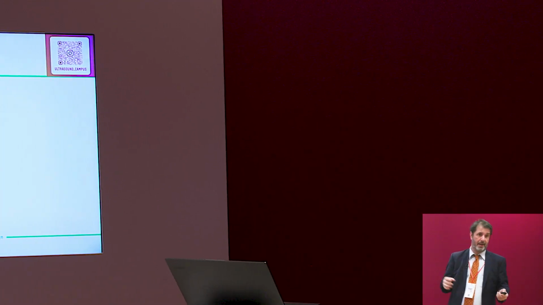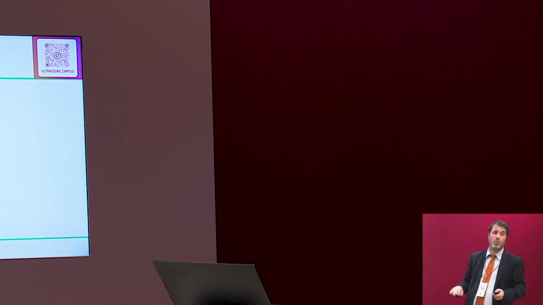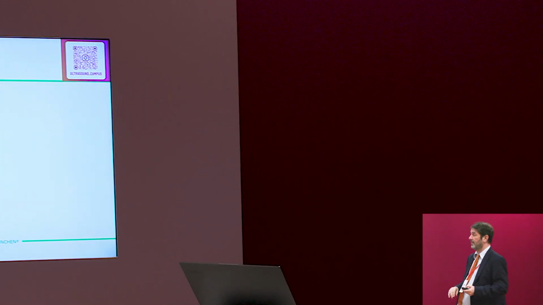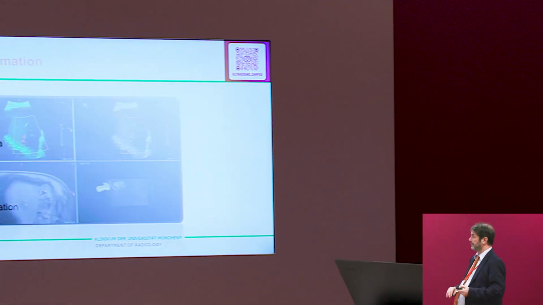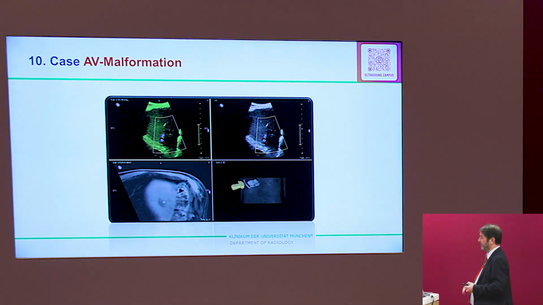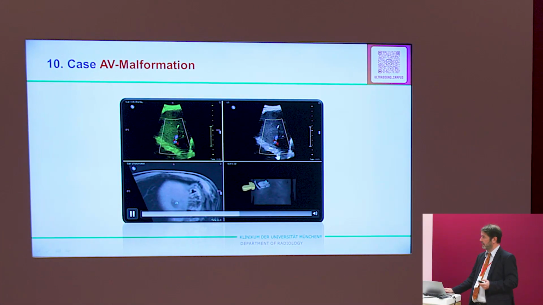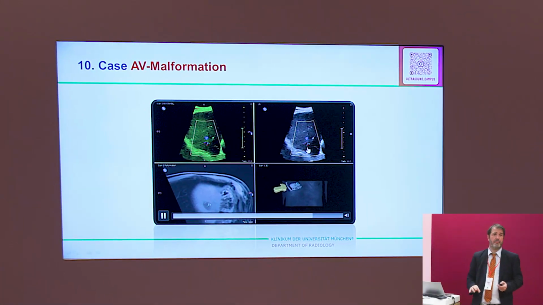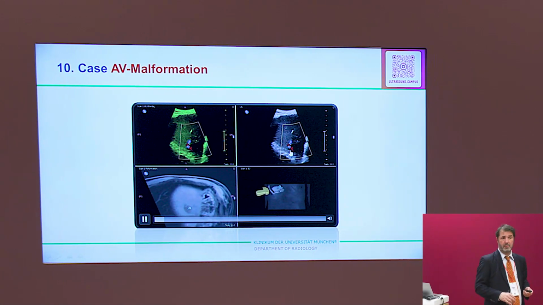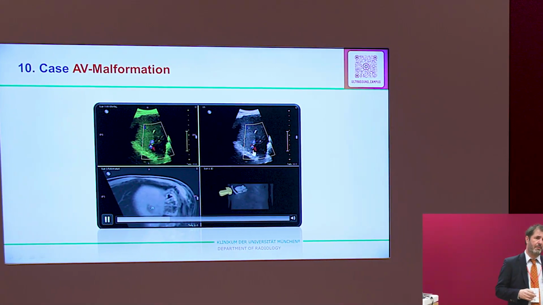But with this help, we can say no cancer, it was just a malformation. You never normally see these very strong vessels in the periphery of the liver, except with a pseudoaneurysm or AV malformation.